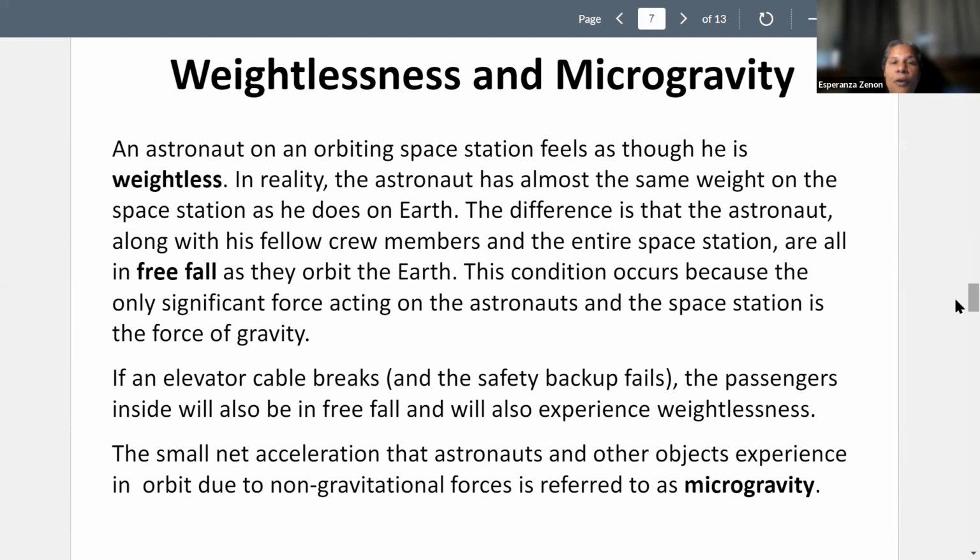Kind of like if your car is going 60 miles per hour, how fast are you going? 60 miles per hour, right? But if you're inside an object that's free falling, you will feel weightlessness. You will feel weightlessness because you are also free falling, but you are not actually weightless.